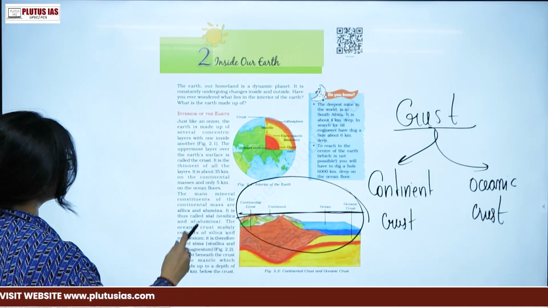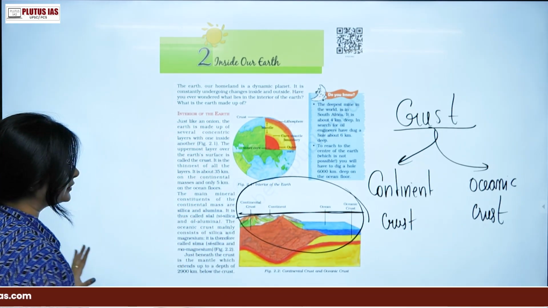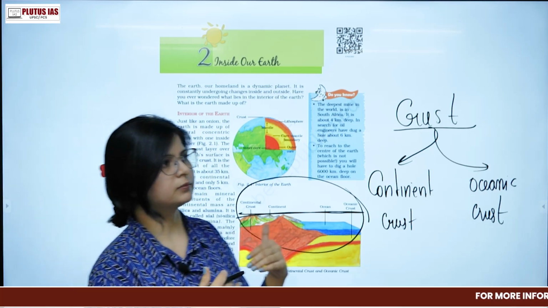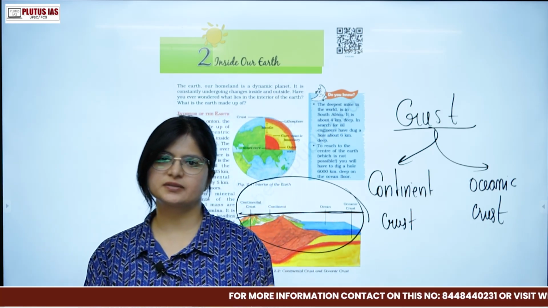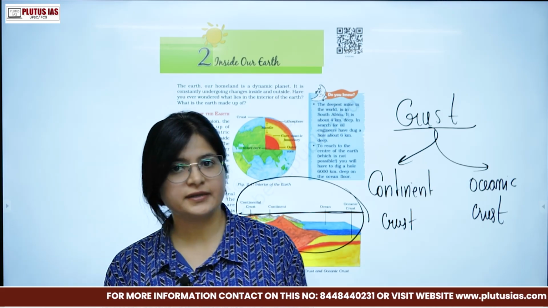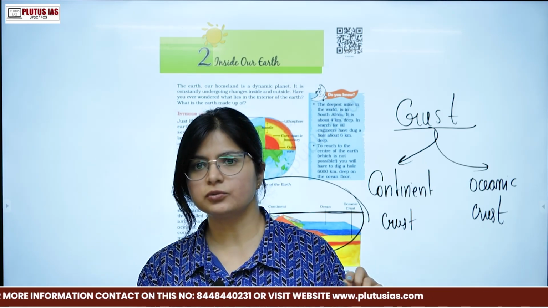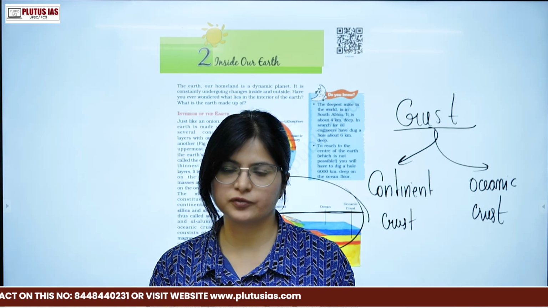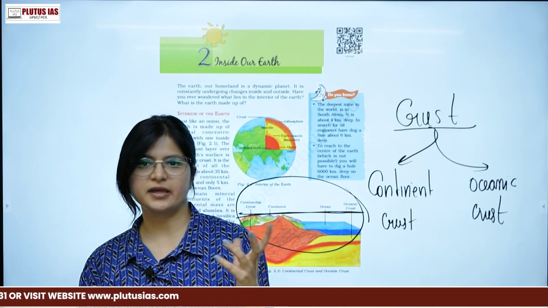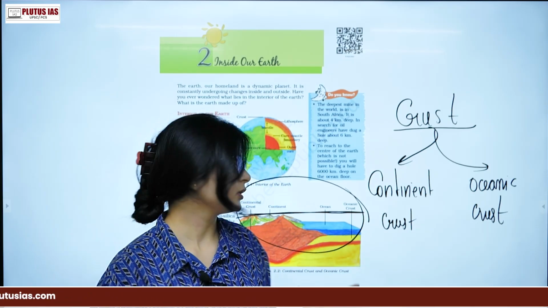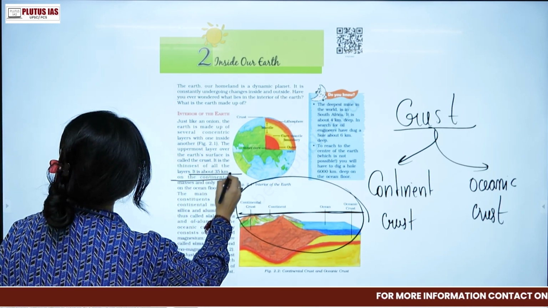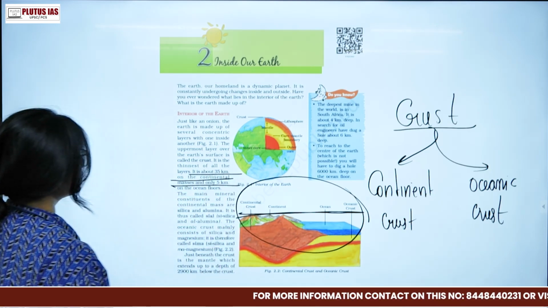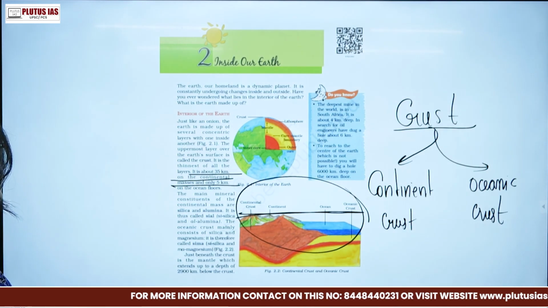Now you need to understand how they are divided. For example, whether the oceanic crust is thick or the continental crust is thick, you need to know this from the prelims point of view, because many times this question has been asked in the PYQ as well. It is about 35 kilometer on the continental masses and only 5 kilometer on the ocean floor.